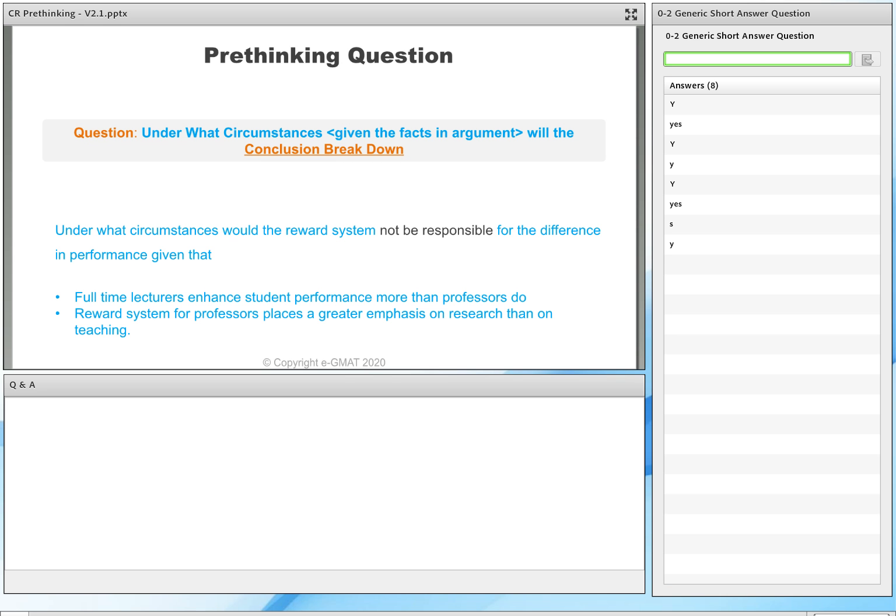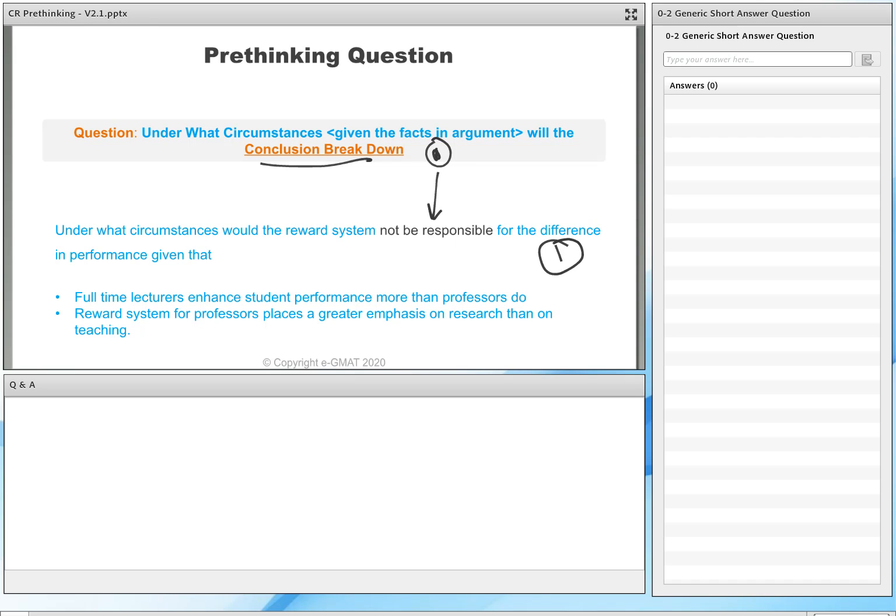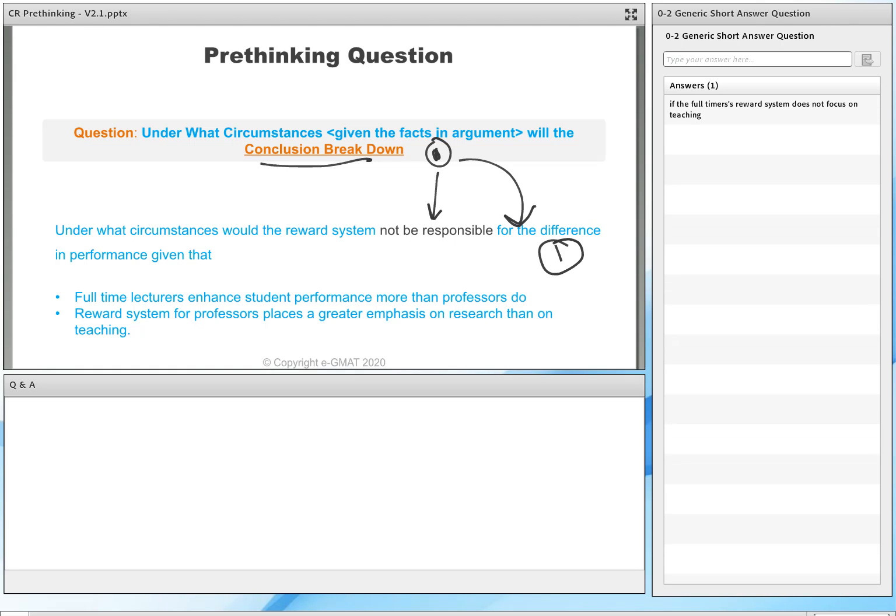So what's my conclusion breakdown condition? That the reward system is not responsible. Let's call this 1 over here, and this is 1 over here as well. This is the translation of 1: under what circumstances would the reward system not be responsible for the difference in performance? Can you see how conclusion breakdown translates to this over here? Can you see that translation? Yes, no?